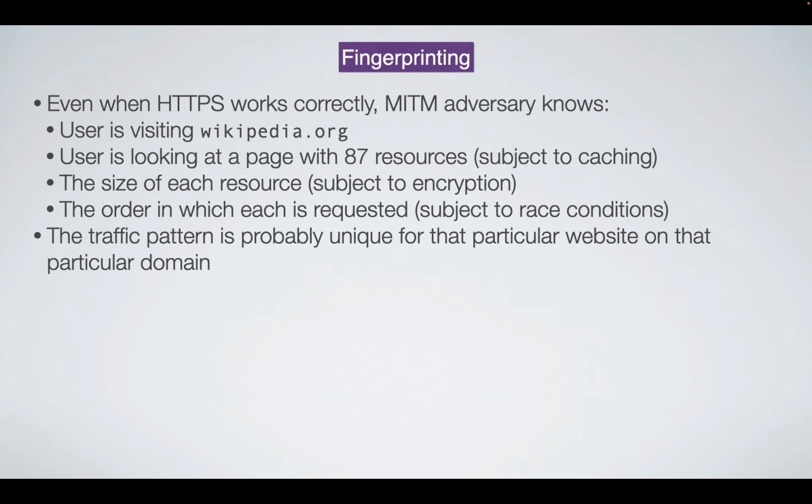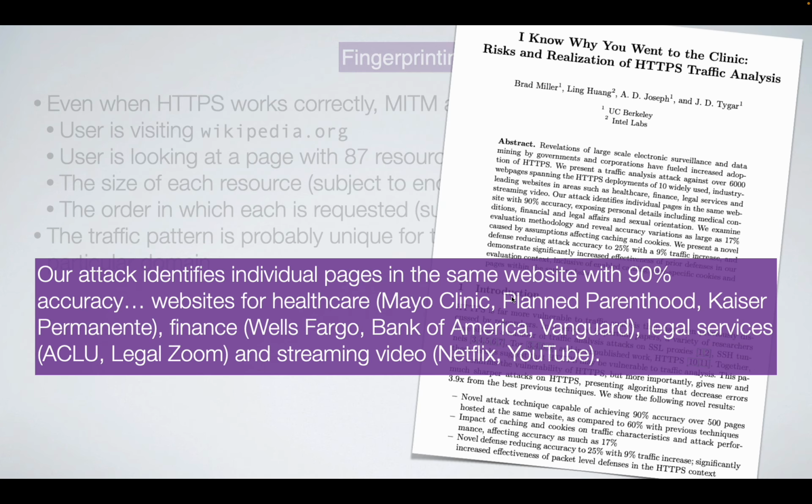And not every website is as complicated as Wikipedia with so many resources and things like that. So somebody did a study where they went around to a bunch of different websites, like healthcare, finance, legal services, videos like on Netflix and YouTube, and they asked themselves, can we fingerprint it?